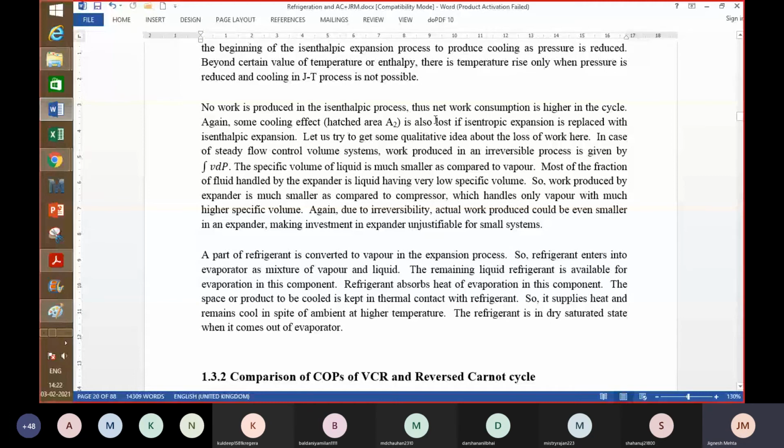Now in the given cycle for producing required refrigeration, the net work consumption will be higher. Again, some cooling effect, hatched area A2, it will be shown in the figure, is also lost if isentropic expansion is replaced with isenthalpic expansion. You're also losing some cooling effect.